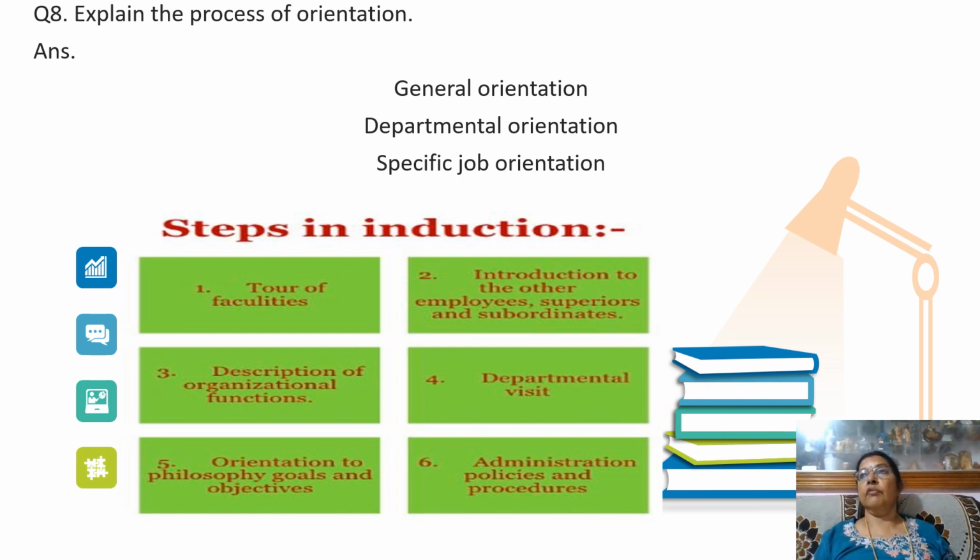He will be told about the various ways of completing his task, what he has to do and what he should not do, the timings, materials to be used, etc. So all these things will be oriented to the new candidate. This is how the process of orientation generally happens in organizations.